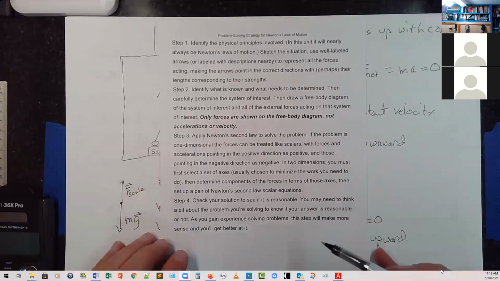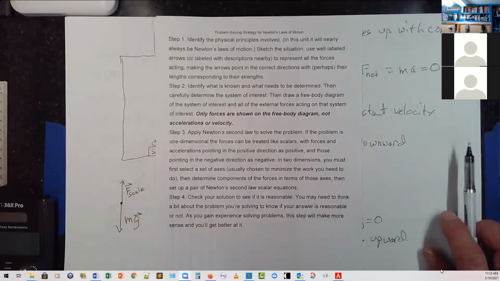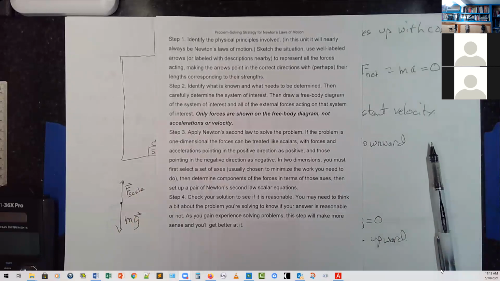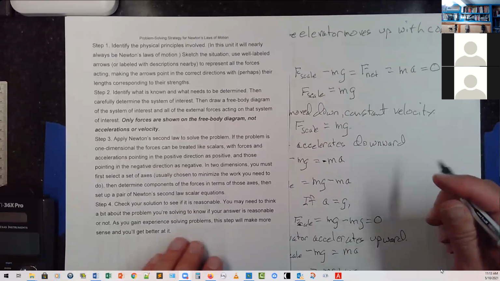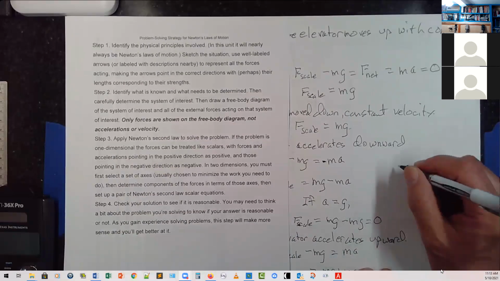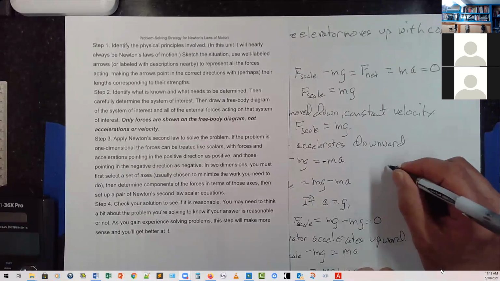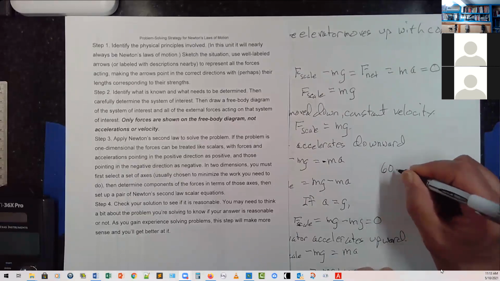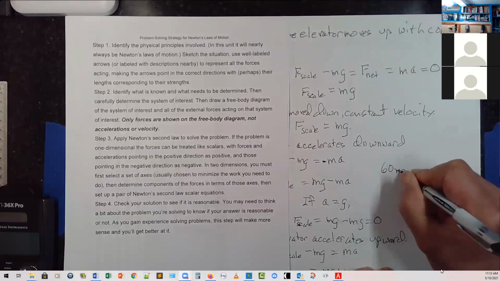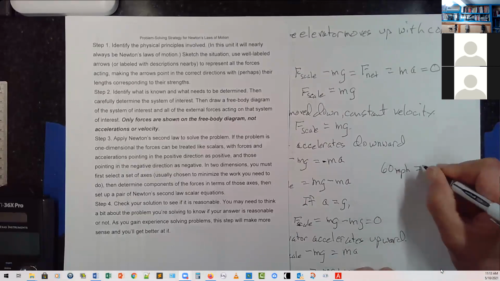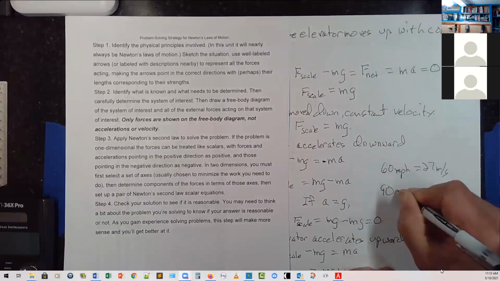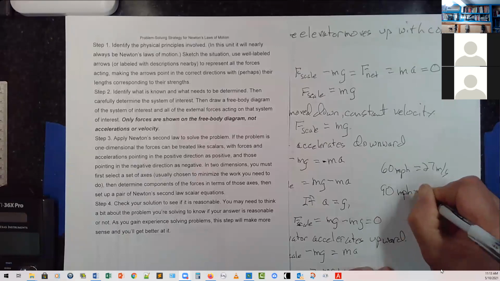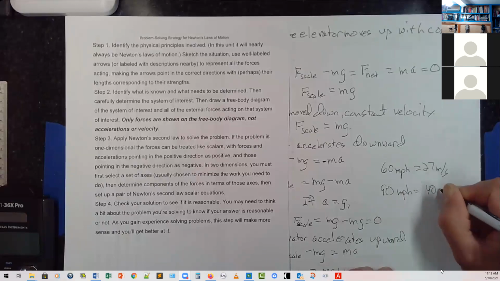But anyway, and then check your solution to see if it's reasonable. And this is something that's hard to do at first. You need a little bit of experience with it. But if you're looking at things like car speeds, for instance, things you should know is that 60 miles per hour is about 27 meters per second, and 90 miles per hour is real close to 40 meters per second.